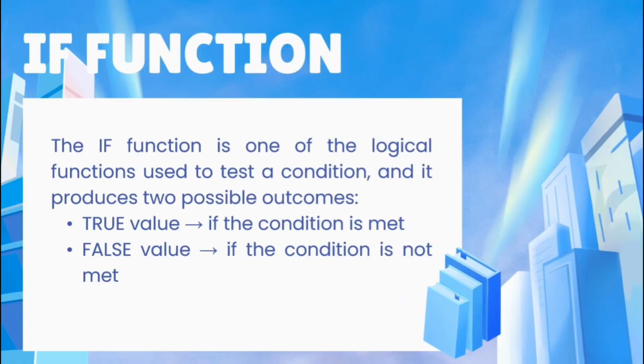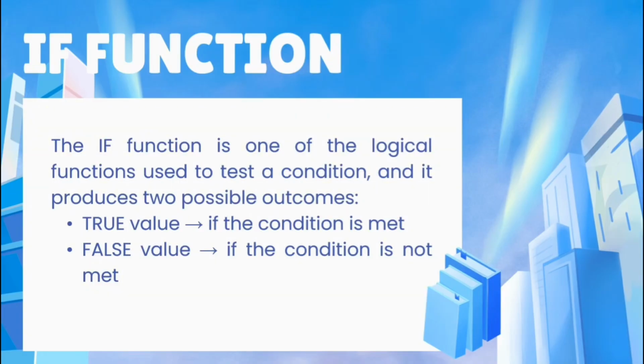The if function is used when we want the spreadsheet to make a decision automatically based on a certain condition. In other words, if allows the computer to check something first and then decide what value to display. If the condition is true, the if function will show the result we set for true.